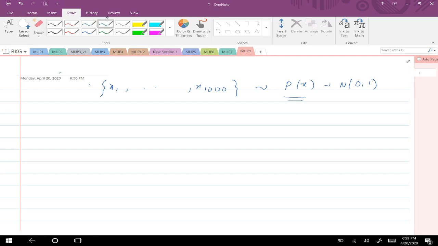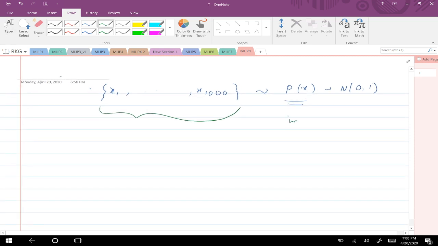To say verbally what I am discussing here, the density function has much more information than the samples.